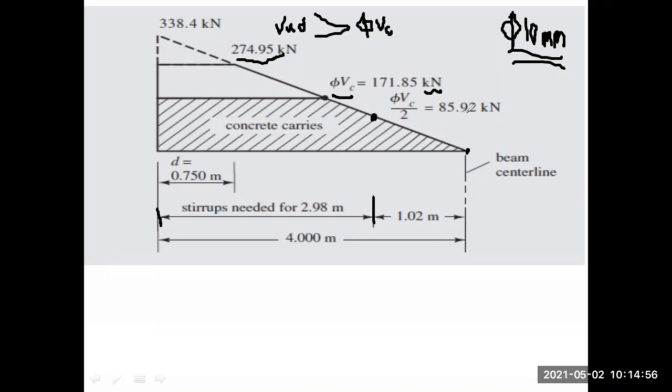When we say the number of stirrups n, it is equal to the distance that is in need of shear reinforcement over the spacing. So the distance over spacing would give us the number of shear reinforcement.